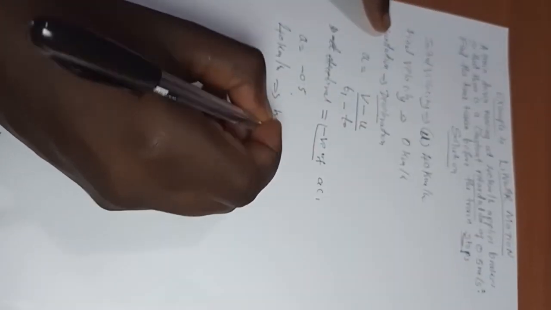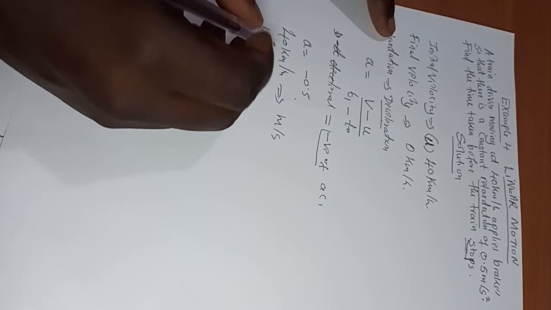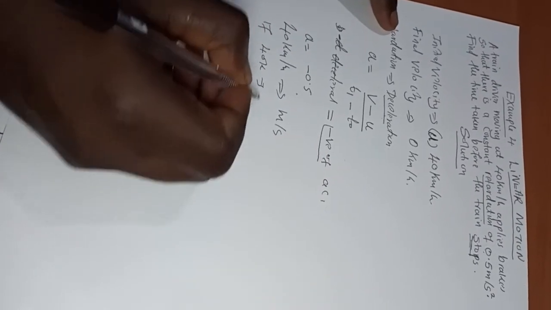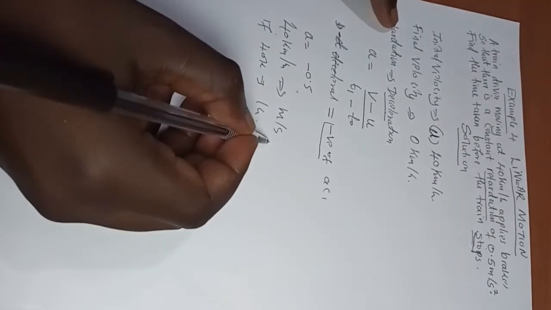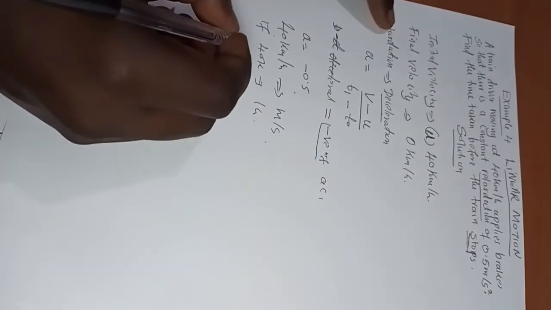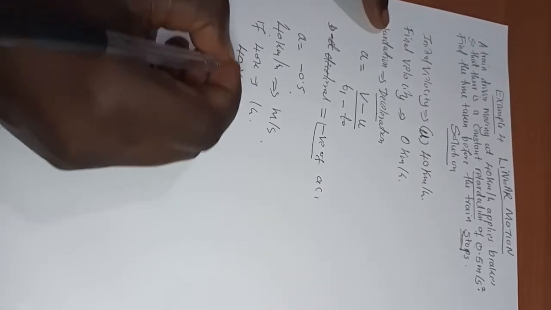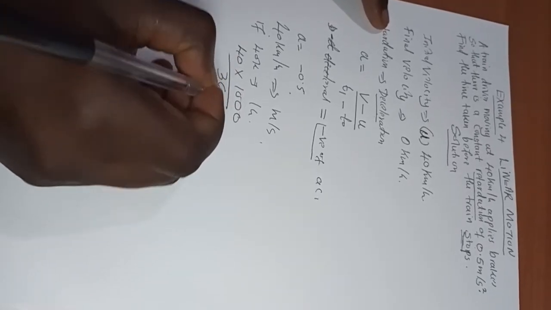If 40 kilometers is traveled in 1 hour, the easiest way to convert is by taking 40 multiplied by 1,000 over 3,600.